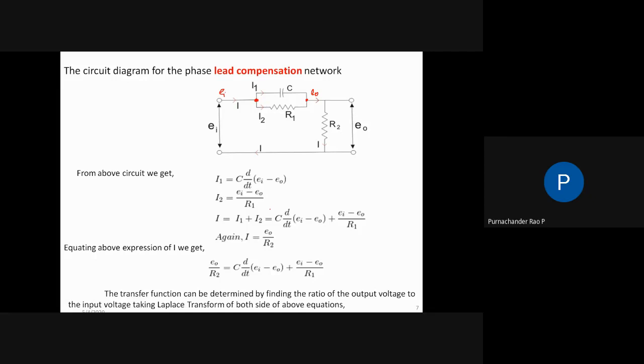Then the current I here will be equal to E naught by R2. You equate these two equations, which will give you the relation between input voltage and output voltage.